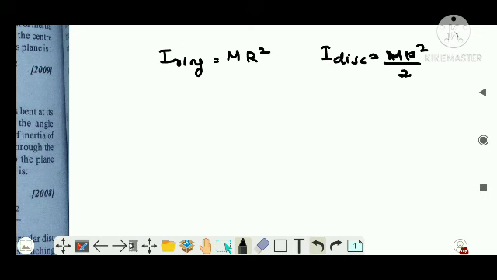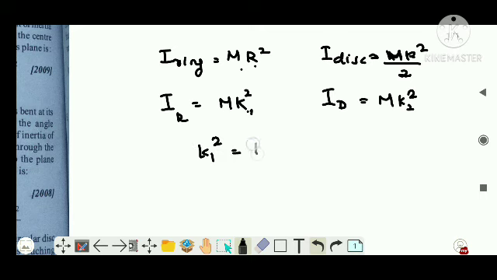right? Clear? Now any moment of inertia, let us say in the case of ring, I can write it as mk squared. Here I am going to write it as k1 squared. Similarly for disk also I can write it as mk2 squared, right? So let us equate these two. So k1 squared is equal to r squared and k2 squared is equal to r squared by 2.